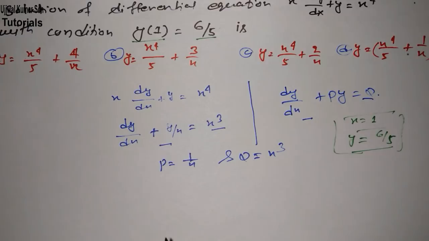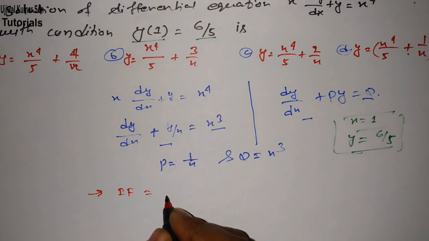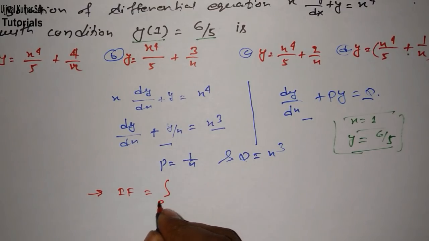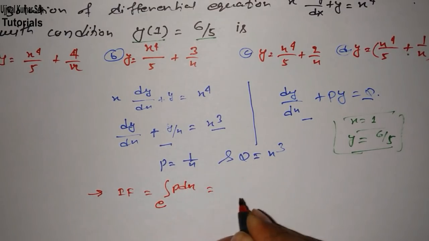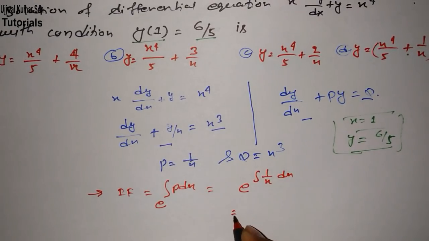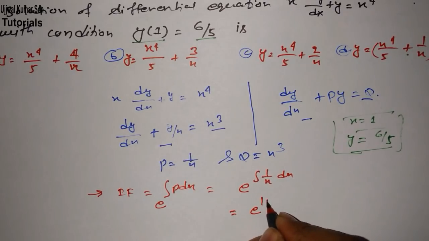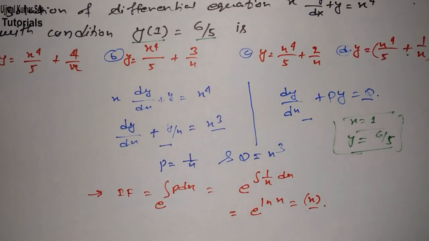Now the first step is to find the integrating factor. For finding the integrating factor, we have a formula, that is e to the power integral of P dx. So e to the power integral of 1/x dx. The integration of 1/x dx is natural log x, so e to the power log x, which we can write as x.